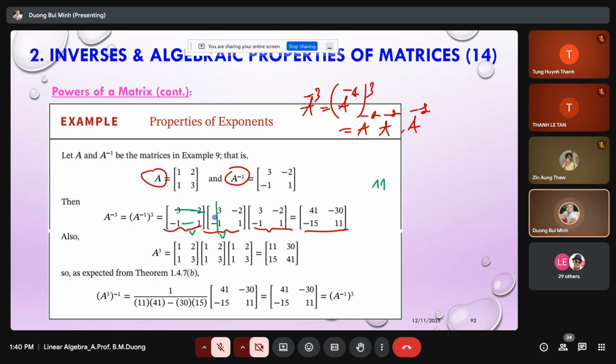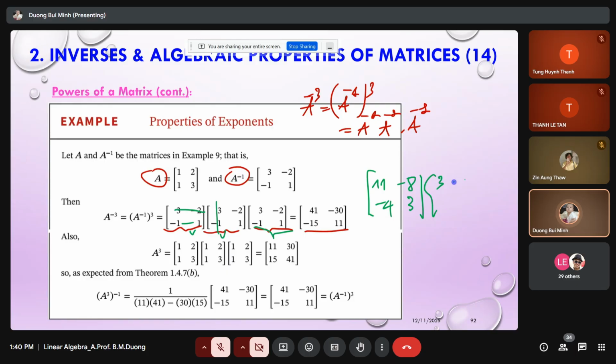And this one times this one, you get minus 3 minus 1, you get minus 4. This row times this column, you get minus 6 minus 2, you get minus 8, and then this one times this one, you get 2 plus 1, you get 3. And then you multiply one more matrix.